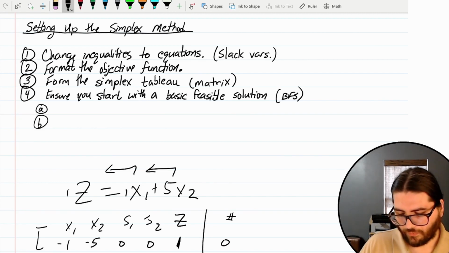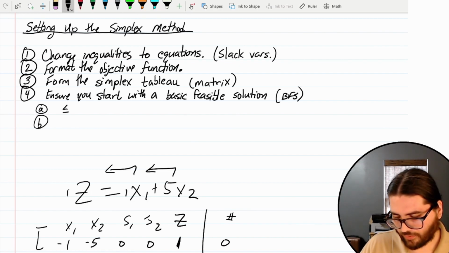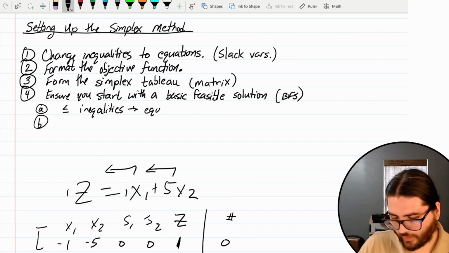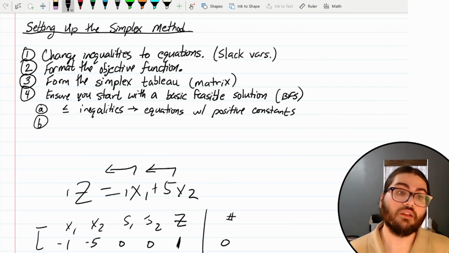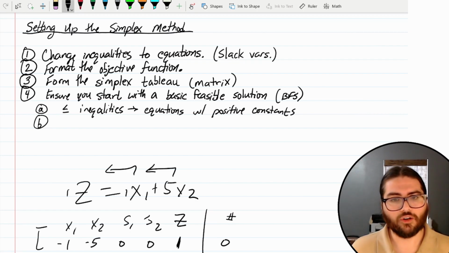And so we have less than or equal to inequalities to start with. And when we changed them in step 1, they became equations. And there were positive constants on the other side. So basically the numbers on the right side of that bar should be positive. If they were negative, then that would represent a greater than, and that's not something we're dealing with this week.